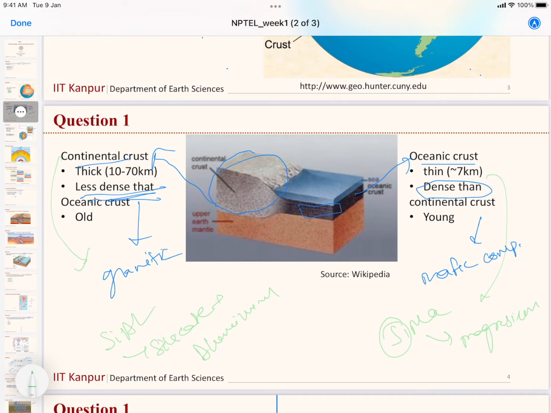Due to this we can see the density contrast. The general density of the continental crust is from 2.6 to 2.7 gram per centimeter cube, and for the oceanic crust we generally receive 2.8 gram per centimeter cube. So this is the continental part.